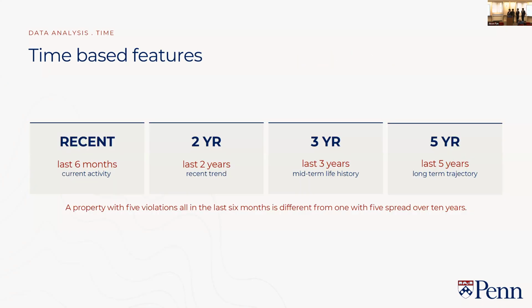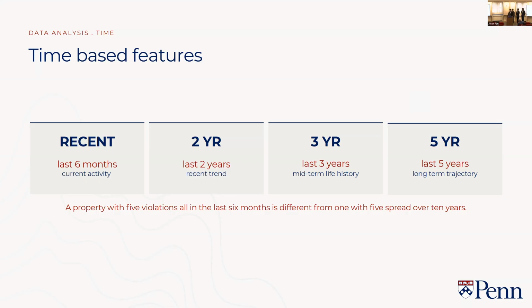Because timing matters, we build time-based features. For each parcel, we grouped administrative activity into several windows: the last 6 months, the last 2 years, the last 3 years, and the last 5 years. And these windows help us separate recent activity from older history.